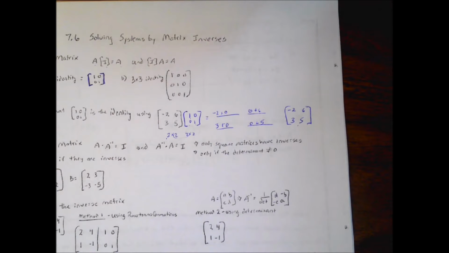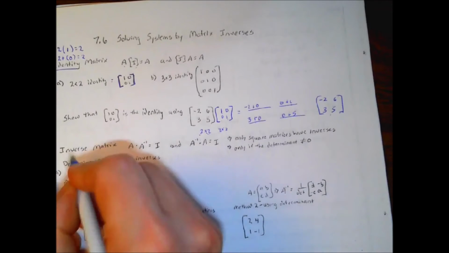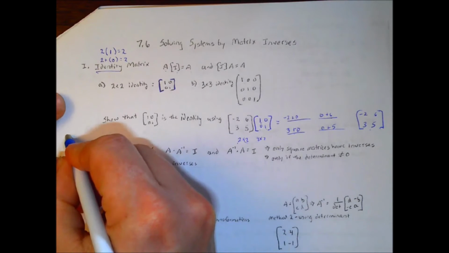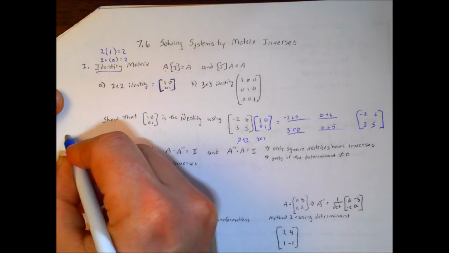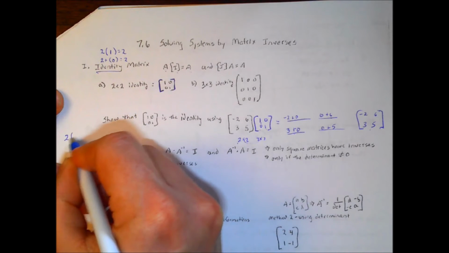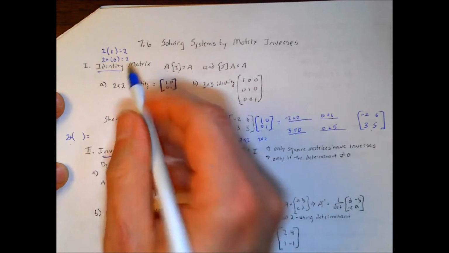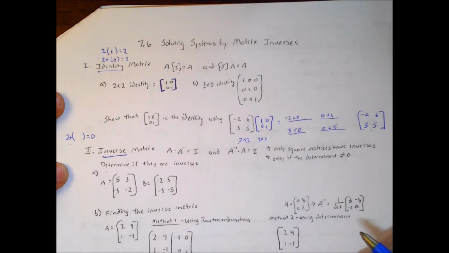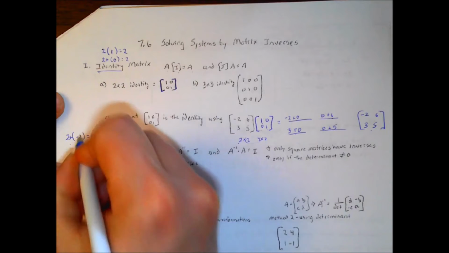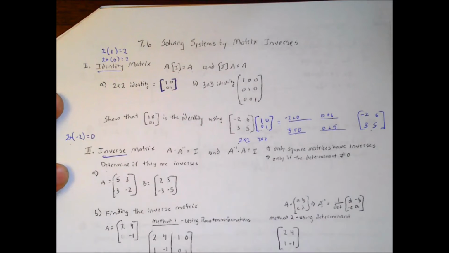Okay, so now let's talk about the inverse. If you think back to Algebra 1, for addition, if I took some number and added its inverse to it, I would get the identity back. So 2 and negative 2 are inverses.